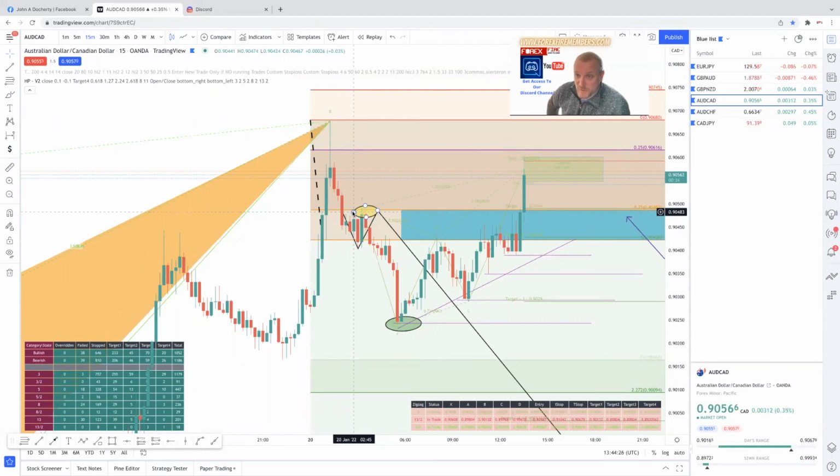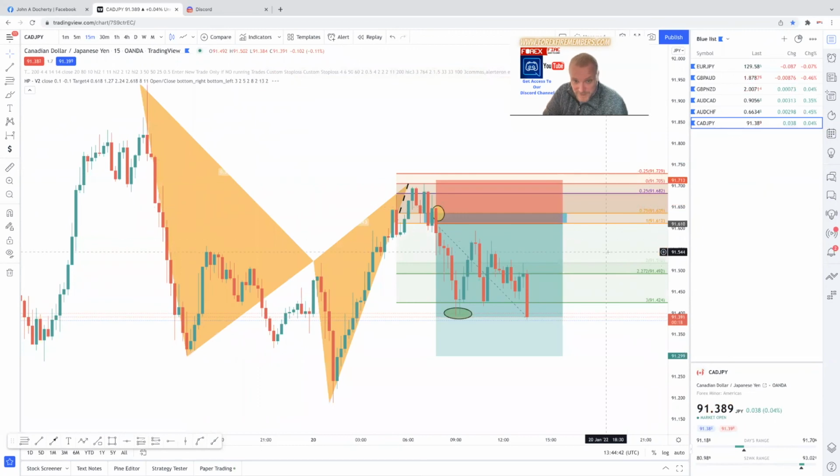Yes, 2 of them or 3 of them didn't go into an entry area, but for the ones that did go through the price action and the price movement, you could have quite easily grabbed anything out of those 100 pips that were available, to be fair.